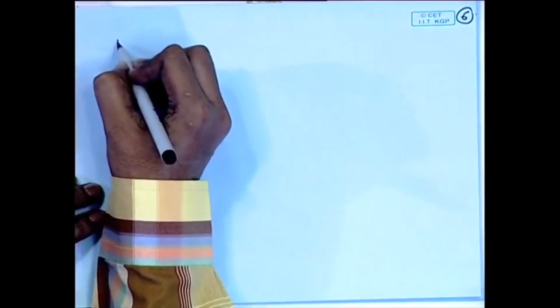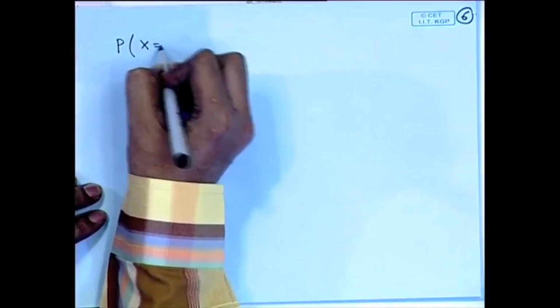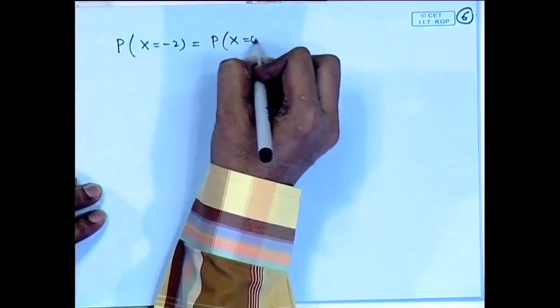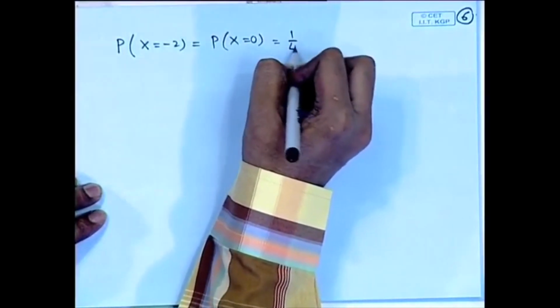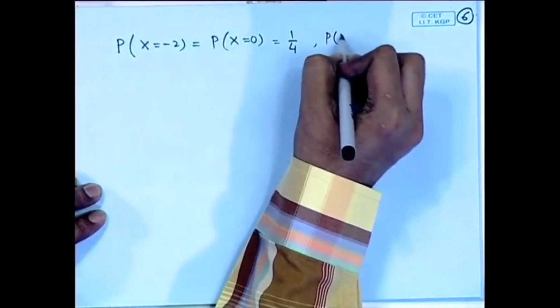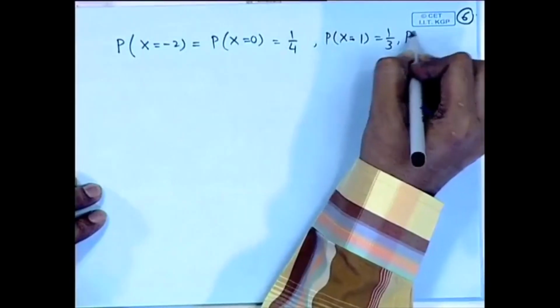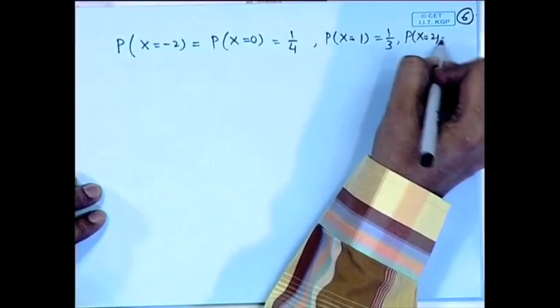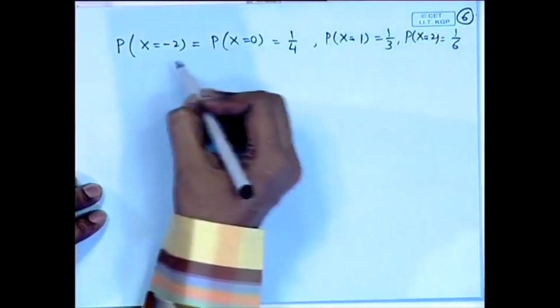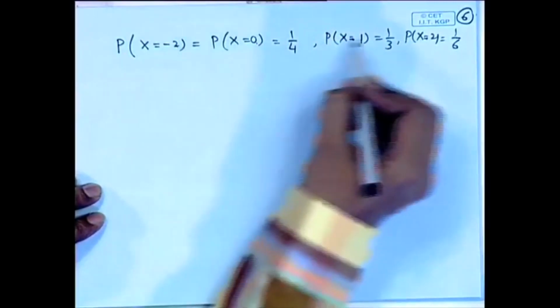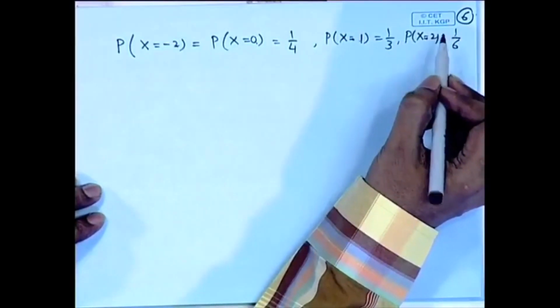Let us consider, say, probability X equal to -2 and probability X equal to 0 are each, say, 1/4. Probability X equal to 1 is, say, 1/3, and probability X equal to 2 is, suppose, 1/6. So, this is a discrete distribution concentrated on 4 points: -2, 0, 1 and 2.